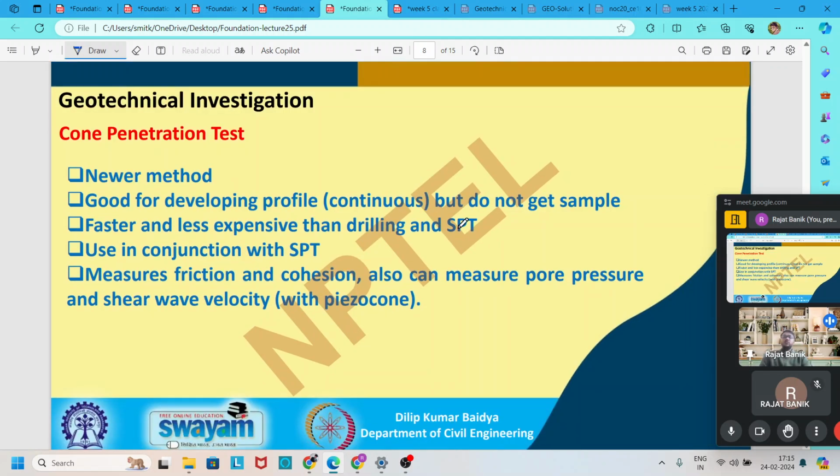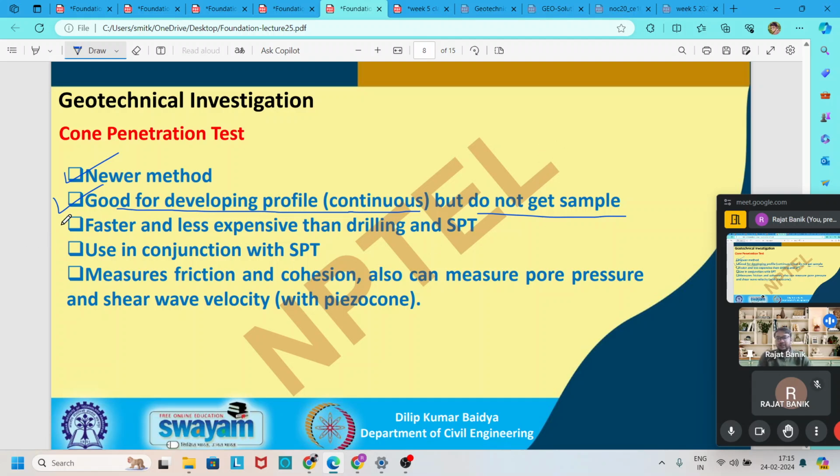Now there is one more geotechnical investigation test which is also very popular, called the cone penetration test. This test is a newer method and good for developing a continuous profile, but does not get a sample. So in the cone penetration test we cannot collect a sample at a depth from the ground surface, but we can find out the properties by this instrument on a continuous basis from the ground surface.